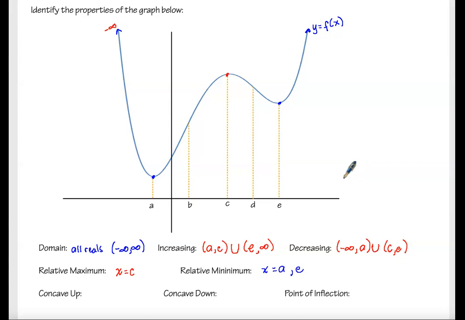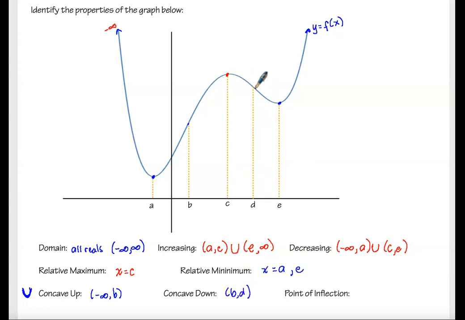Next, we have concave up. Concave up is the cup, right? It holds water. So concave up would be from negative infinity to B. And then from B to D, that would be concave down.